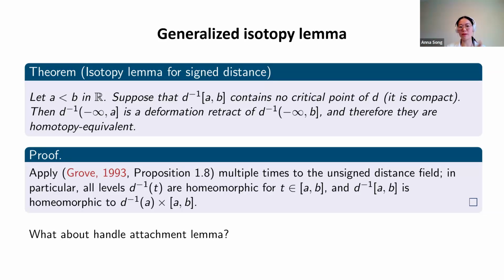The second way is to prove it as a consequence of the topological version of the isotopy lemma. But that's not so different, in the sense that the topological version uses at its heart the same arguments as Grove, based on the gradient-like vector field. I hope that answers your question.